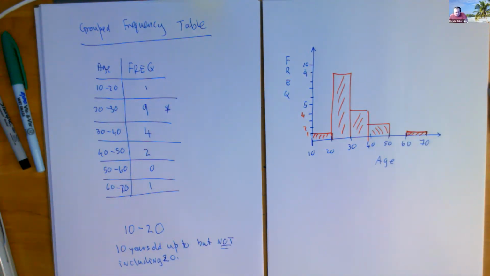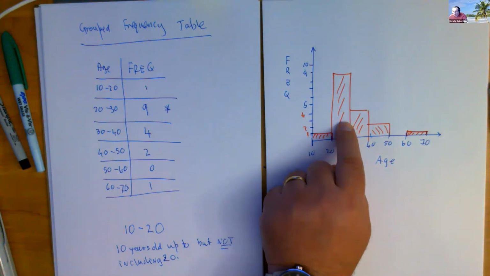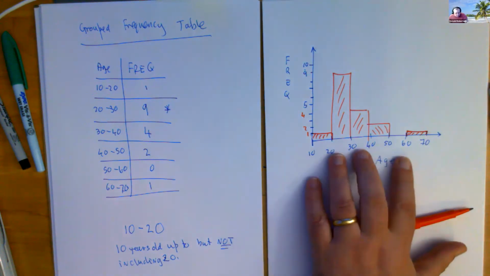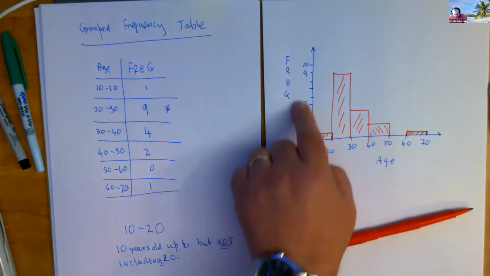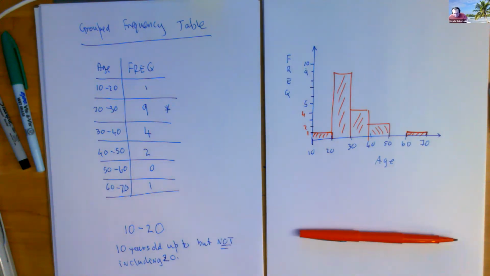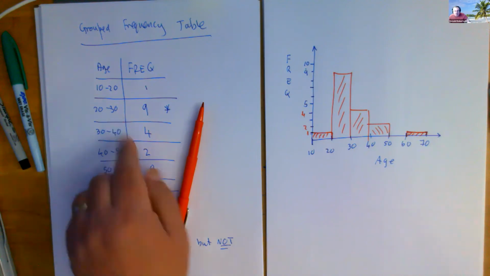So you may get a question, draw a histogram, and one of them should look like this. Everything that we collected from this class is essentially in here, but we have lost some information. Do you know this group here, these 9 people in the 20 to 30s?